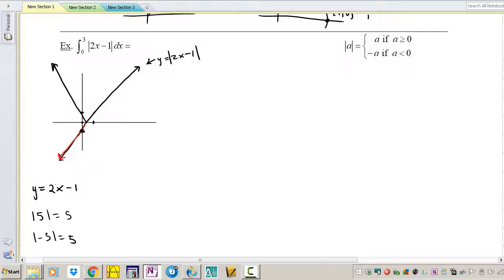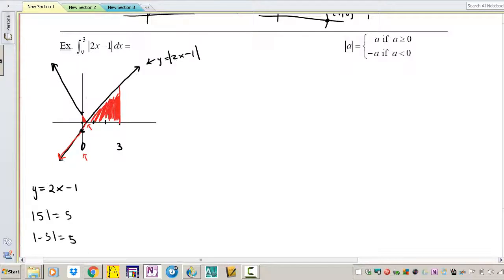So how do we integrate an absolute value function? Well, we want to integrate from 0 to 3, which means we want to find the area under the curve from 0 to 3, but we have a little small problem here. That is not 0. This is 0. So I have a little area here. Hopefully you can see this little shaded region that I'm doing here.